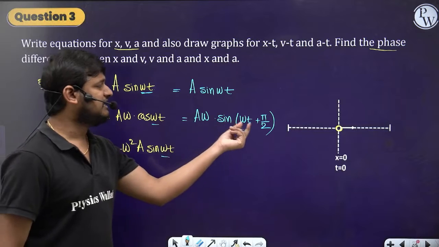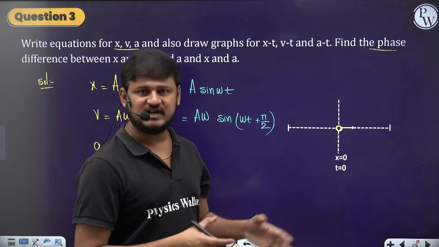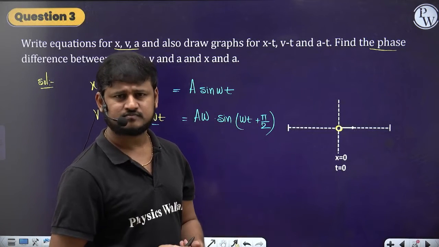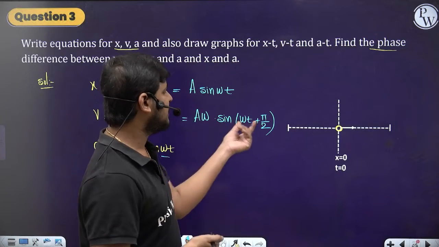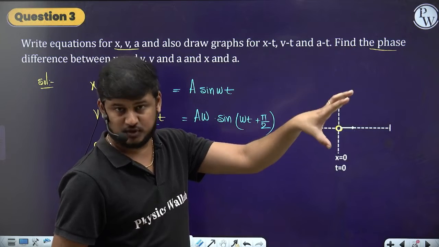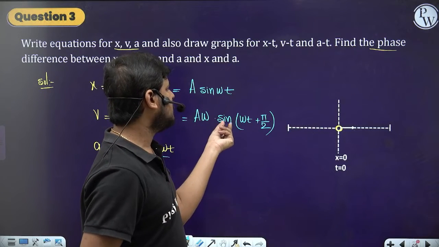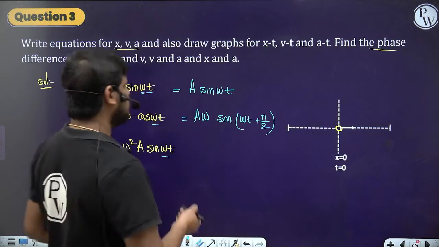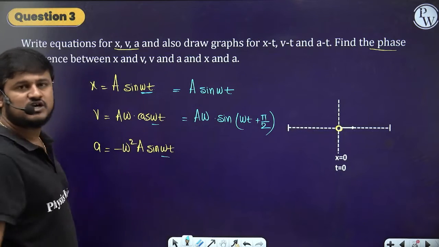So sine of 90 plus theta. What is sine of 90 plus theta? It is cos theta. Yes or no? 90 plus theta is in the second quadrant. In the second quadrant, sine is positive. So that's why a omega into sine of 90 plus theta is cos theta. So this comes out to be again a omega cos omega t.